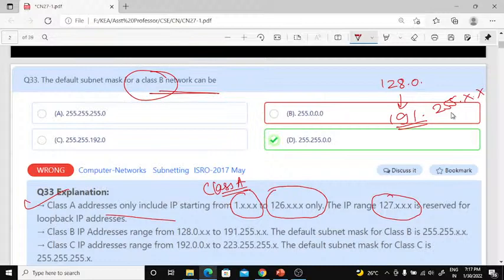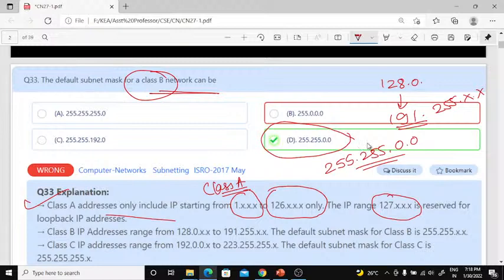So the default subnet mask for class B is 255.255.x.x, meaning 255.255 and any value. This is the only option for class B.